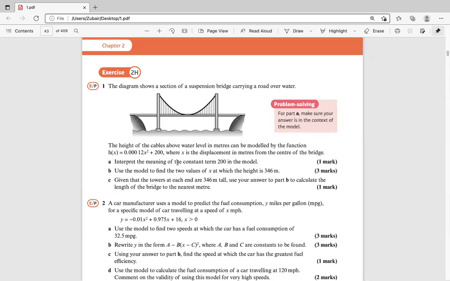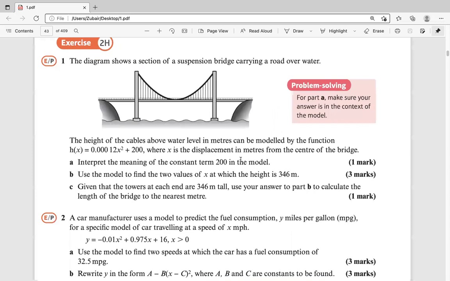Interpret the meaning of the constant term 200. Can anyone explain this? The answer lies in the above statement. This statement right here. Yes, go on, please try.